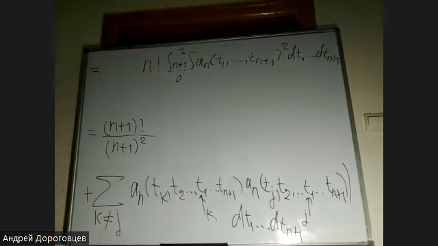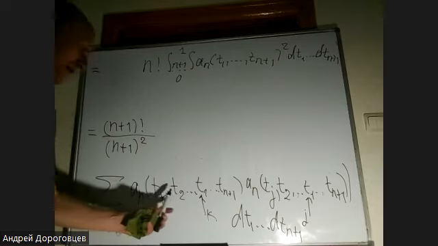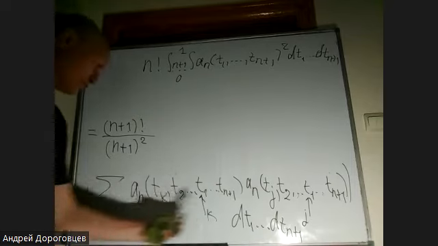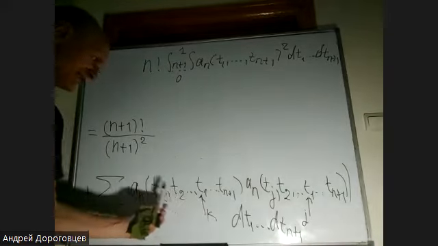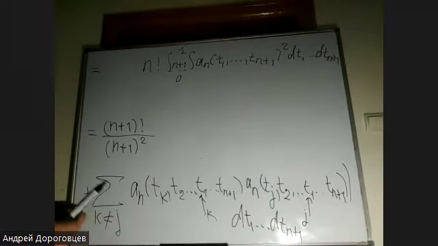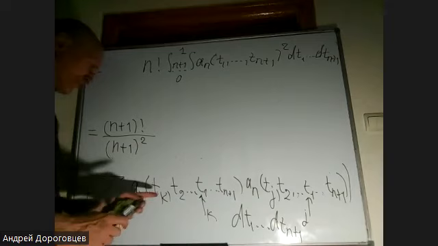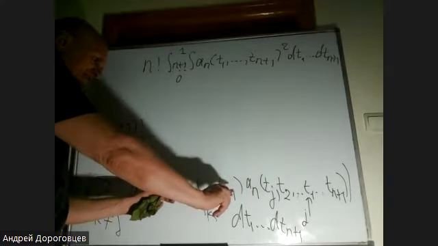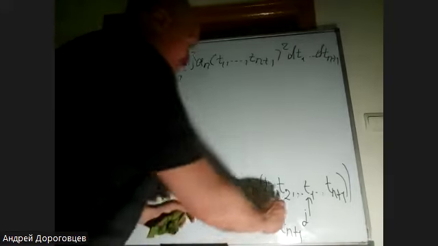In the last expression, see what happened. Here, since a_n is symmetric, we can do any permutation of these values. So here one can put t_j and all other values, and here one can put t_k and all other values.